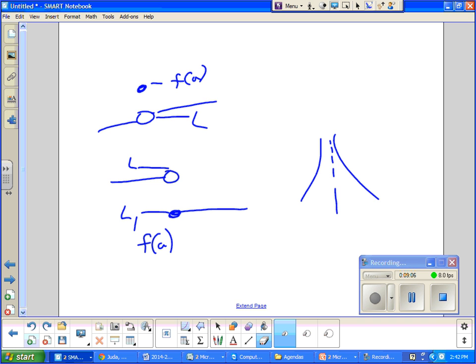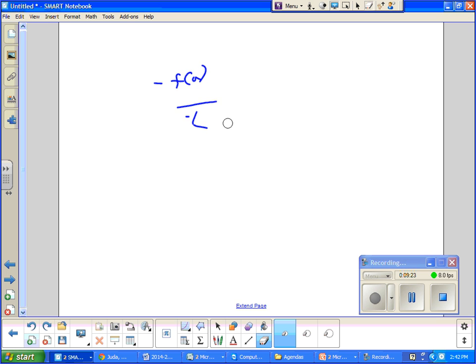I mean, if you don't fill it in, good point. But that would be kind of like removable. It could be neither. You're right. It could be like this. But that's both then. That's removable and a jump. Possible. Yeah, it's possible to have no value in a jump. So those are our three discontinuities, and when a limit is equal, we know what we have.